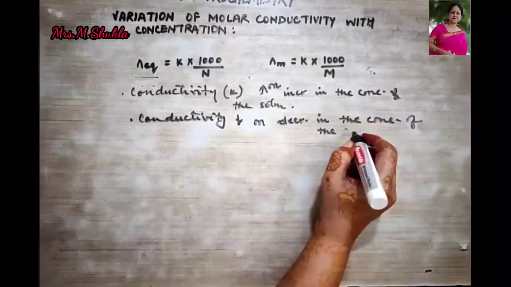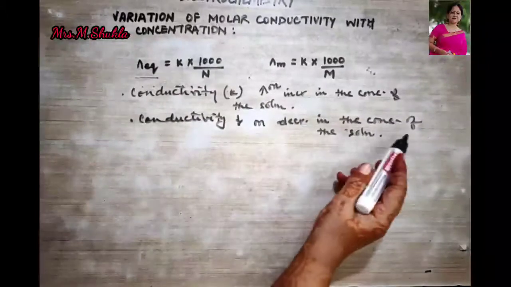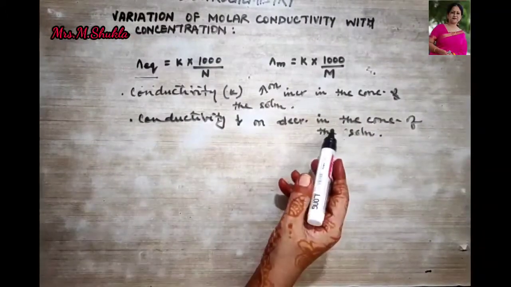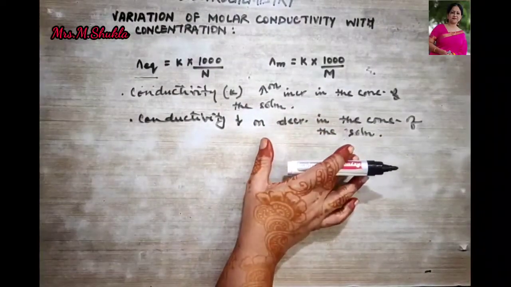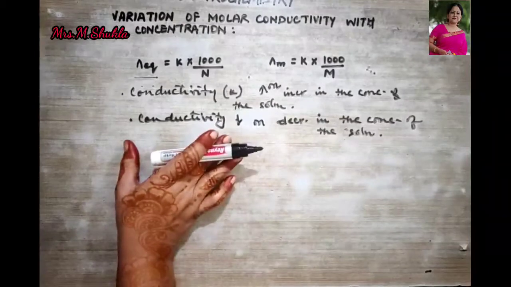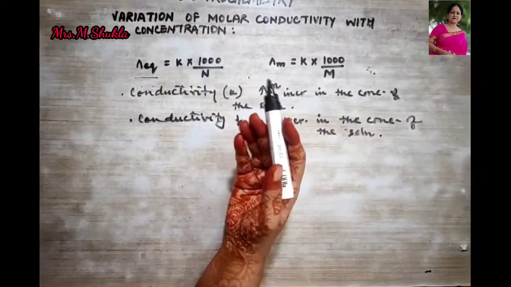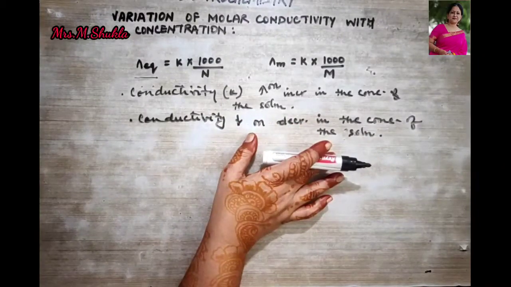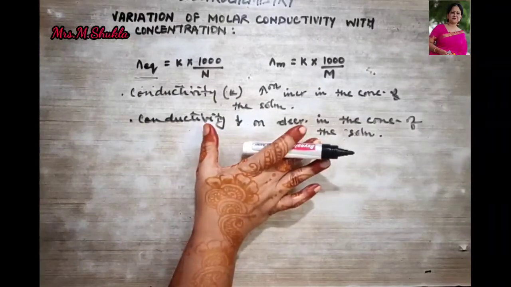Okay, so why is there a decrease in the conductivity on decrease in the concentration of the solution, or in other words we say that when the solution is diluted, then the conductivity decreases. Why? Because the number of ions per unit volume also decreases with the decrease in the concentration of the solution, right? Therefore the conductivity also decreases.